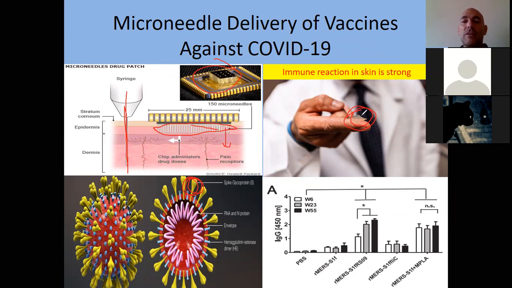The reason they are interested in this is because the immune reaction in the skin is much stronger than in the muscle. So the hypothesis is that they will be able to create a good vaccine if they can deliver it inside the skin, okay? And they actually have animal studies that show it can work.